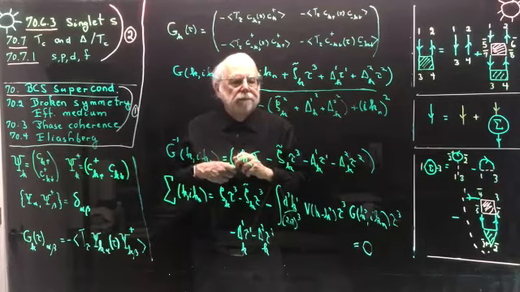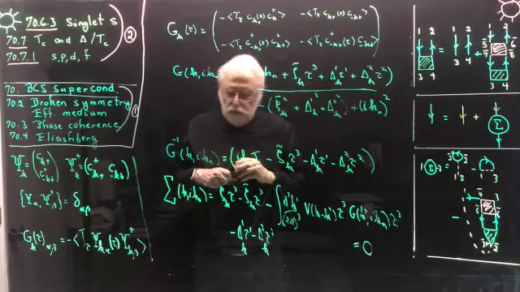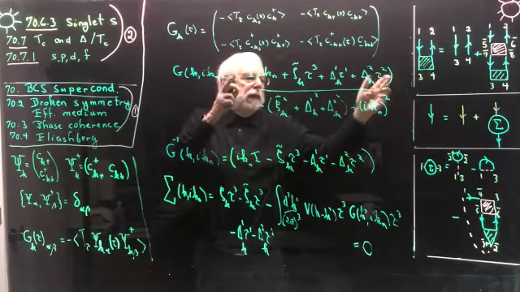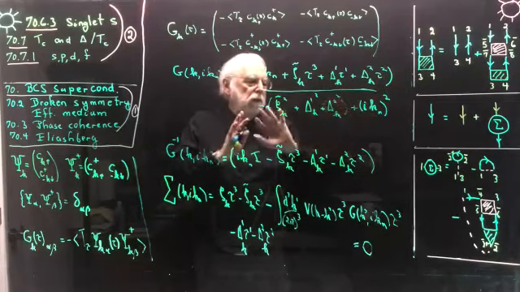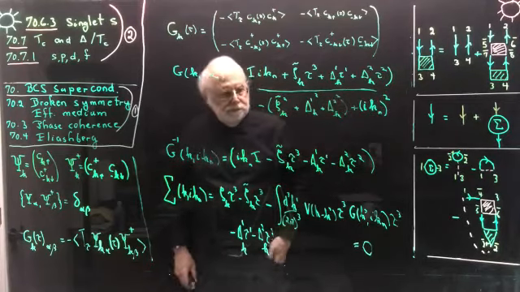Okay, so if I multiply this by this, I get the denominator, so it cancels.